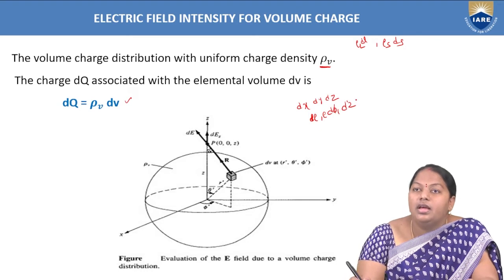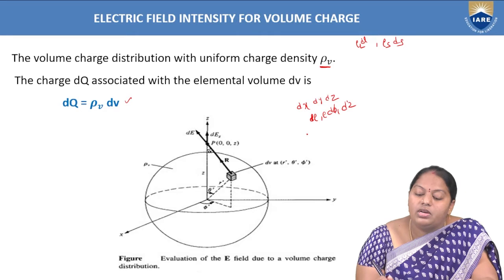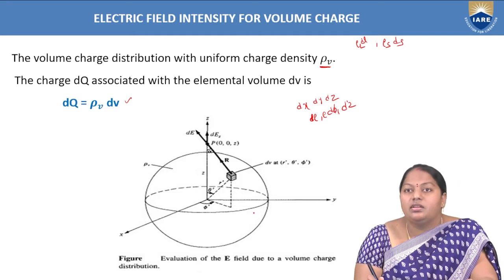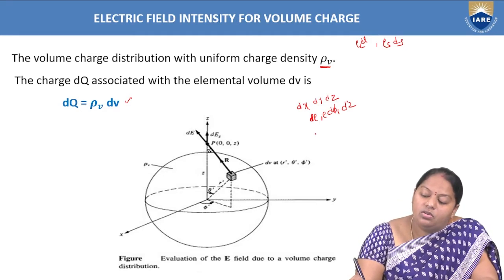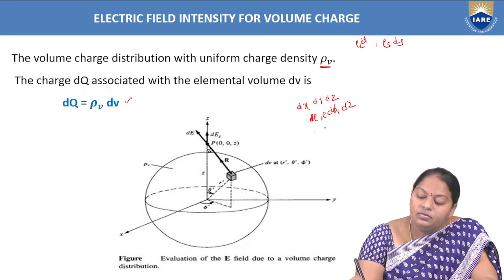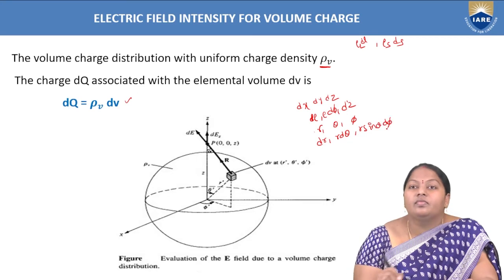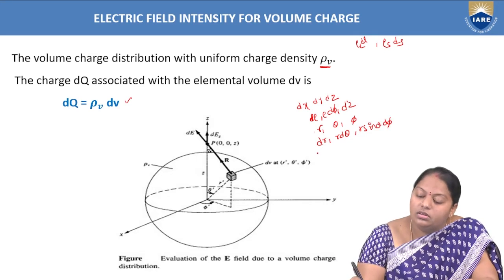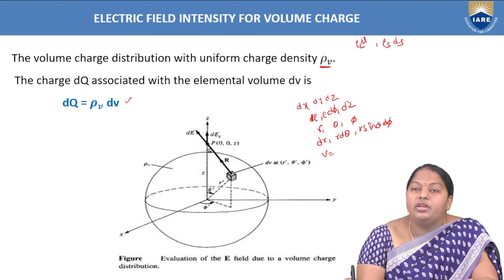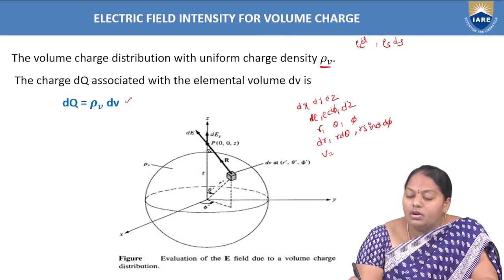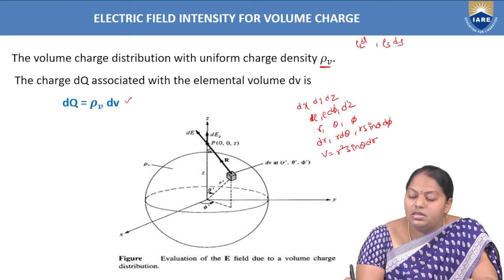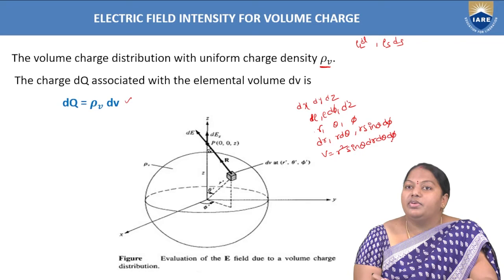And if it is for spherical, because we have considered here a spherical region, the variables are r, theta, phi, and the differential components are dr, r d theta, and r sin theta d phi. Right? So according to this, if you consider the volume, we need to multiply the three components. So r into r is r square sin theta, then the differential components dr, d theta, and d phi. Right?